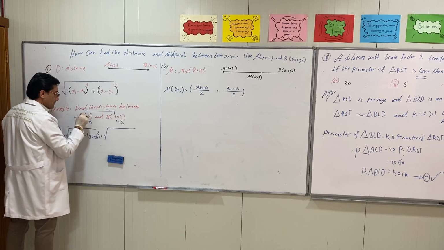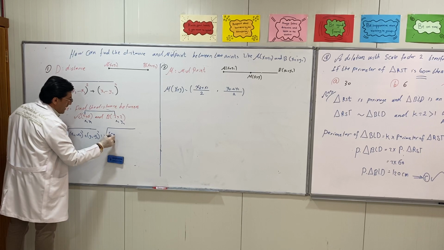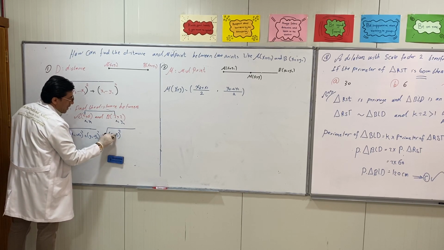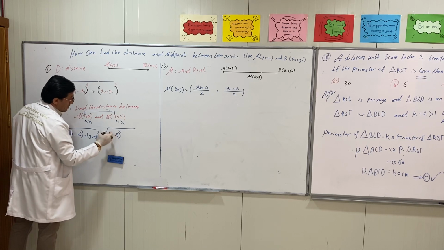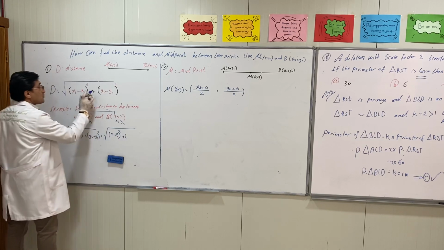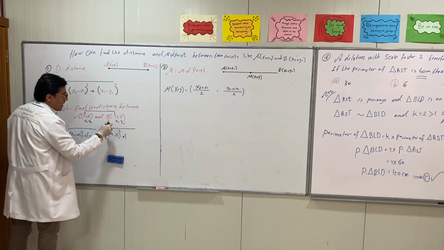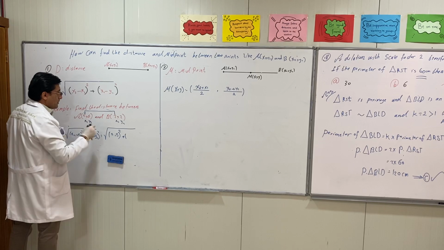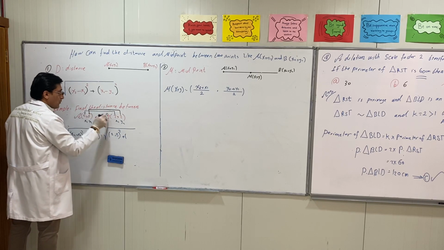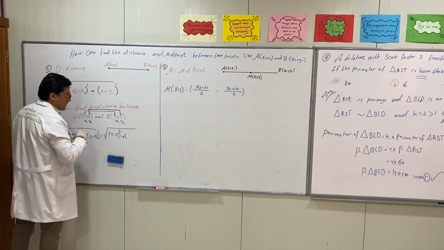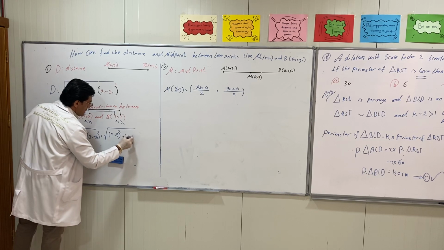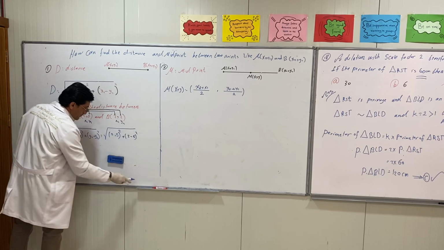So 2 minus 5, squared. And you say, how can I do 2 minus 5? I can, and it is squared, no problem. So plus, between the two brackets is plus, y2 minus y1, so y2 minus y1, equals 2 minus 6, to the power 2.